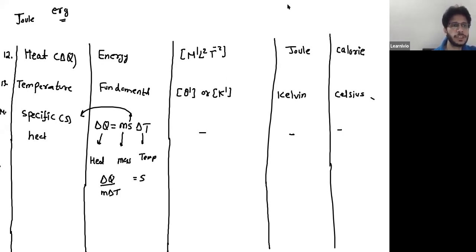Just calculate the dimensional formula of specific heat and report your answer in the chat room. Dimensional formula of specific heat. So Abdullah got L squared T minus 2 K minus 1. Yes, Abdullah is correct. Alina is correct.